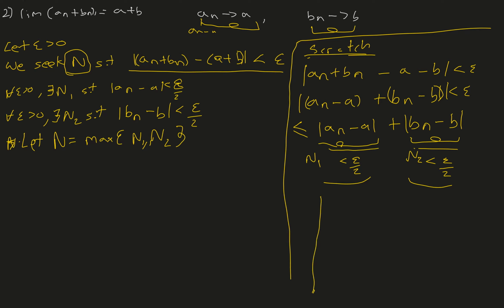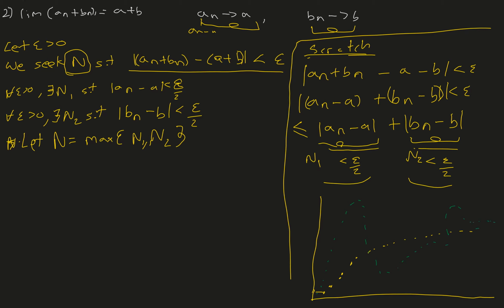So let's see why I chose it to be the maximum. Let's take a look at this visually, graphically, so it makes more sense. Consider this sequence an, which is in yellow, and this sequence bn, which does some weird things at first, and then it starts converging right here.